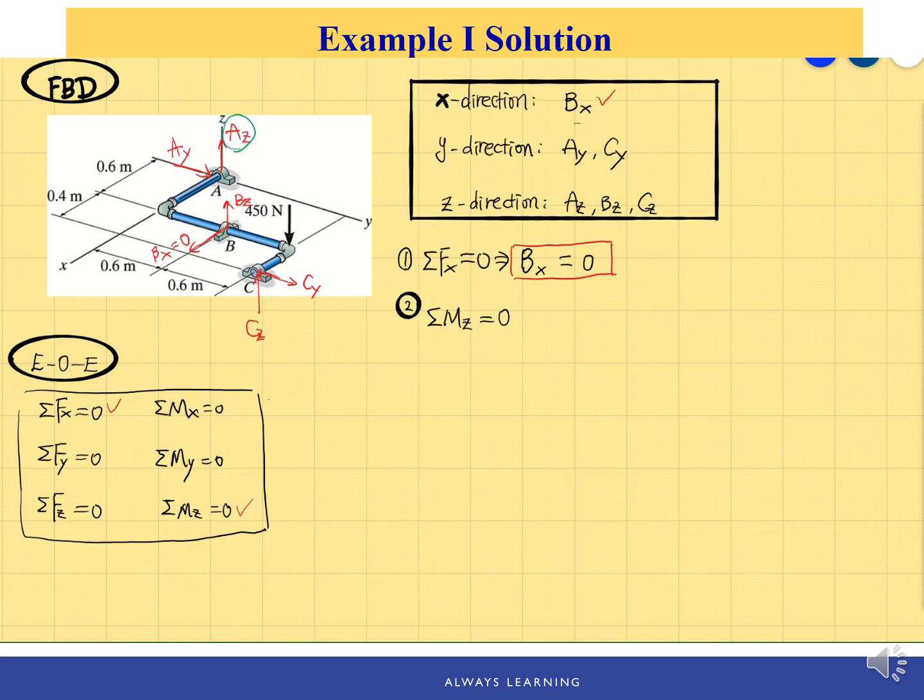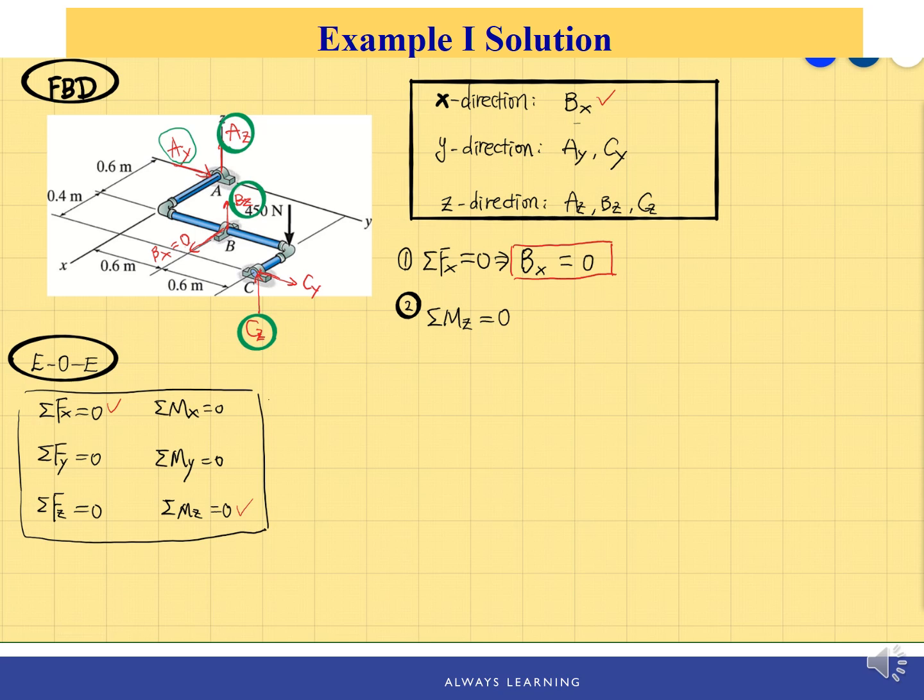Az has no moment about the z-axis, Bz and Cz have no moment about the z-axis, and also Ay, since this Ay passes through the origin of the xyz axes, or the line of action will intercept with the z-axis, so Ay also has 0 moment about the z-axis. Now, what else can we find out?